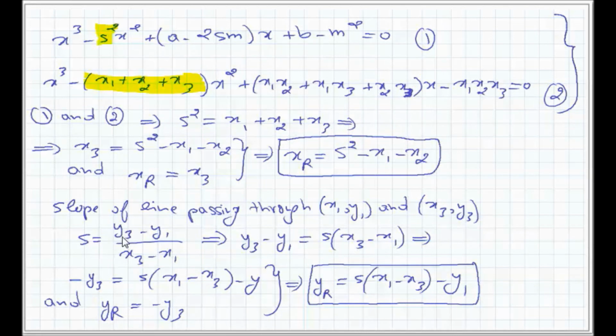So s is equal to (y3 - y1) over (x3 - x1). So we end up with -y3 is equal to s times (x1 - x3) minus y1. Also we have that yr is equal to -y3. This means that yr is equal to s times (x1 - x3) minus y1.